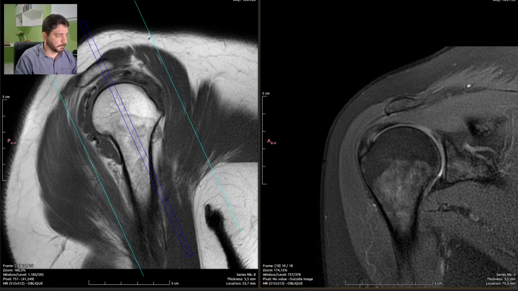Degenerative disease of the glenoid labrum, which is the fibrocartilage that stabilizes, makes the humeral head stay in place on the scapular fossa.